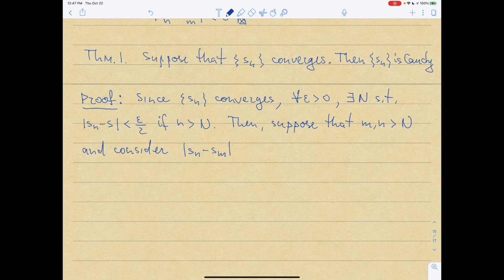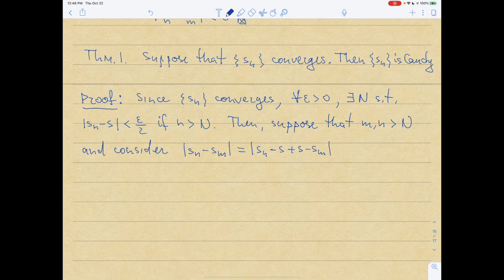How close is Sn to Sm? Oh, I don't know how close they are, but I do know that both are close to S. So rather than comparing Sn to Sm, I want to compare both of them to S. And I can do that by adding and subtracting S inside the absolute value sign.